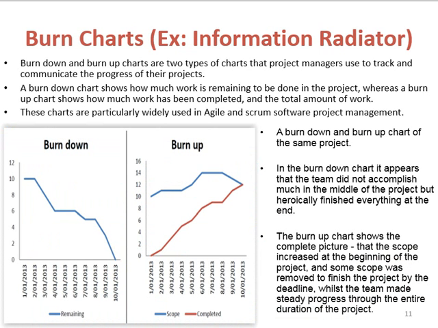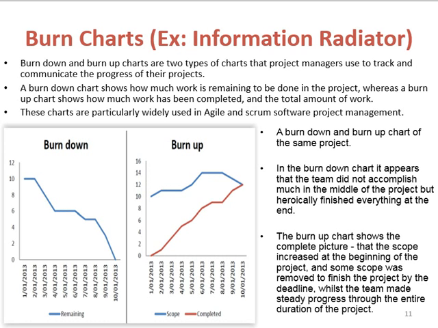Moving further, we have burn charts, which we have discussed earlier, but this is a slightly enhanced, broader view of them. As I said earlier, burn charts are an information radiator. We have two categories of burn charts: one is the burn down chart and the other is the burn up chart. Both have almost the same parameters, but different terminology.